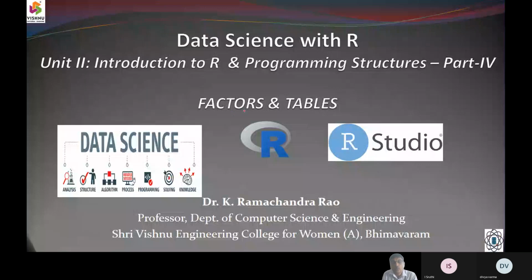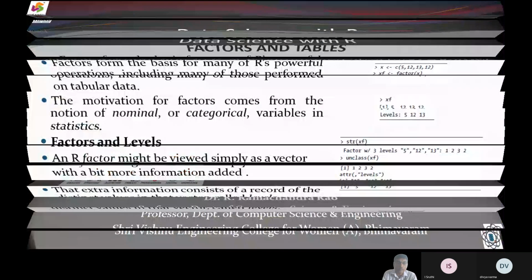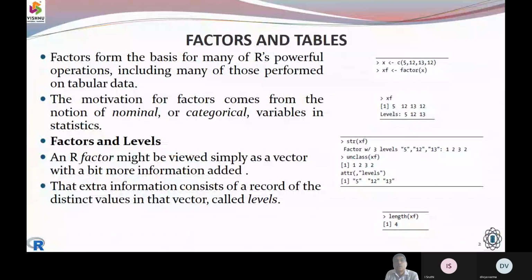The next new data type we can talk about here is factors followed by tables. So these two are also going to be the primitives of our language. Factors are going to be powerful operations performed on tabular data, and the main thing is they can be a nominal or a categorical value. So let us see how we are going to do it.